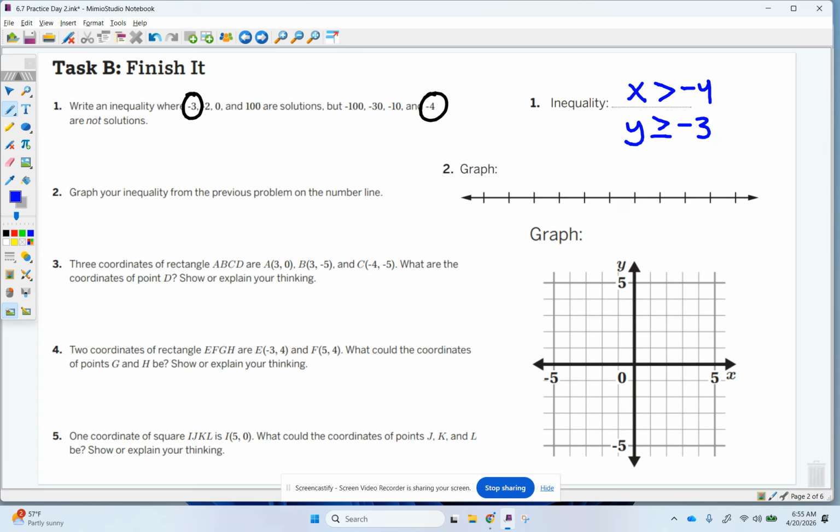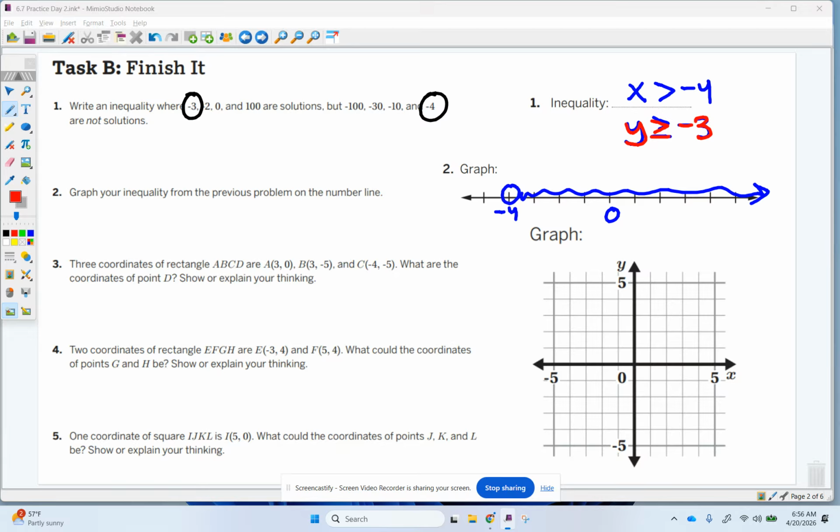And so let me switch colors so that it's very obvious which one I'm doing. And so for the blue one, the x is greater than -4, I would have, let's say, a 0 right here, -4 right there. I'm going to put an open circle and then I'm going to shade this way.